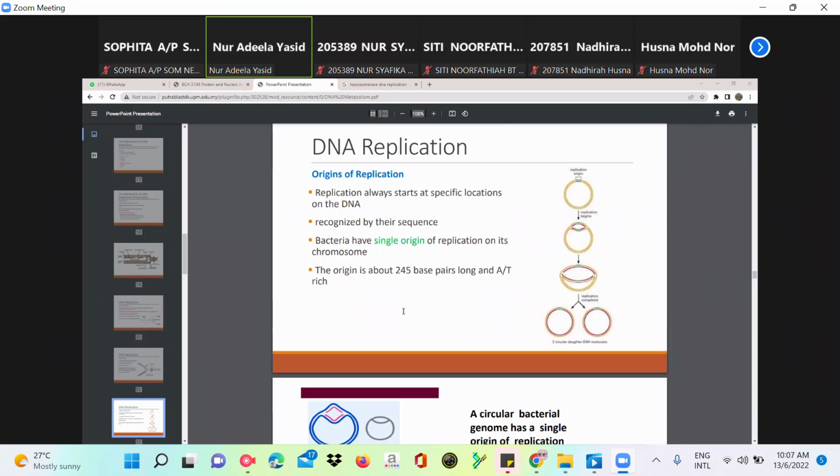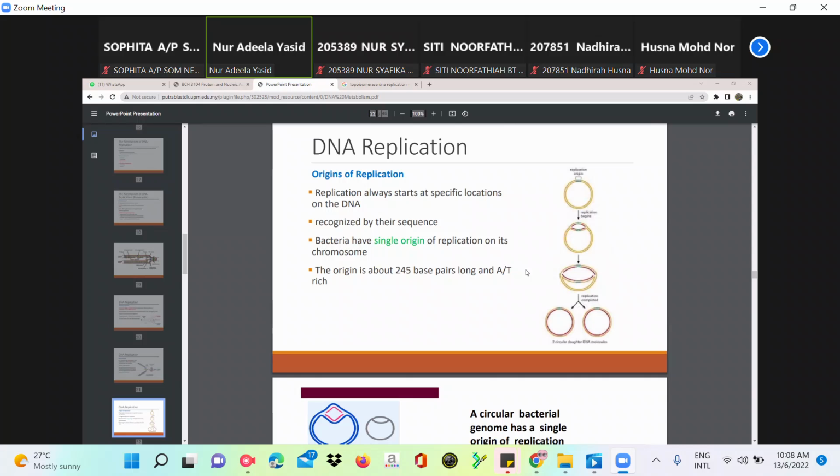Okay, so bacteria have a single origin on their chromosome. The eukaryotic system is more complicated, with multiple origins. For the prokaryotic system, bacteria, the origin is about 245 base pairs long, and it is AT rich.